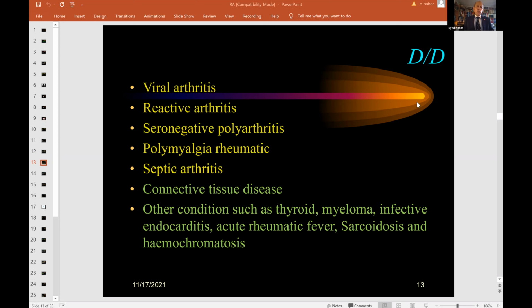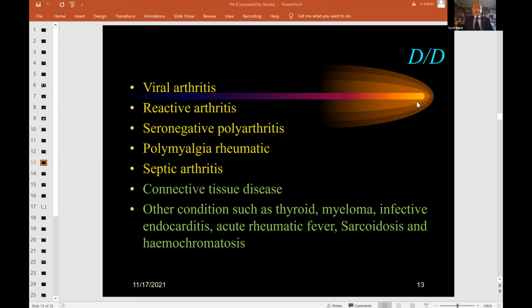So what differential diagnosis do we include with the diagnosis of rheumatoid arthritis? Clearly, viral arthritis, including flu virus arthritis, and also small joints of the back. Reactive arthritis, which is a reaction to trauma or infection or injuries, and it could involve large joints as well.